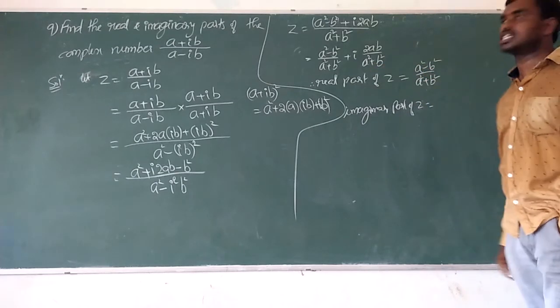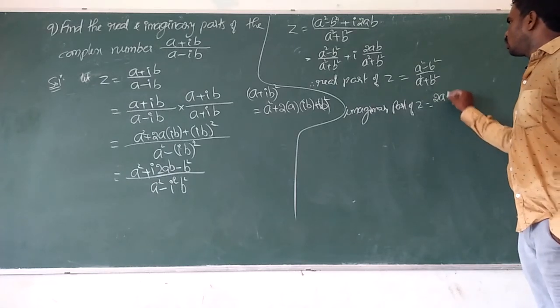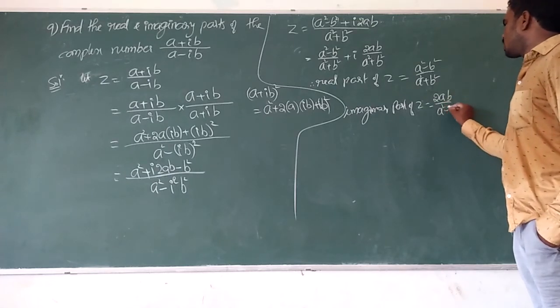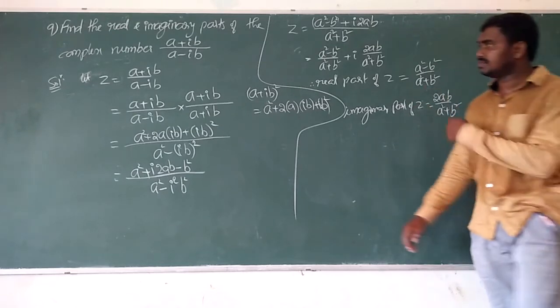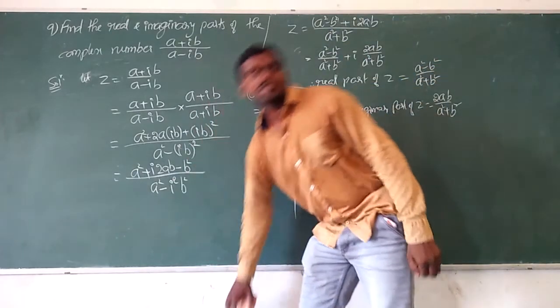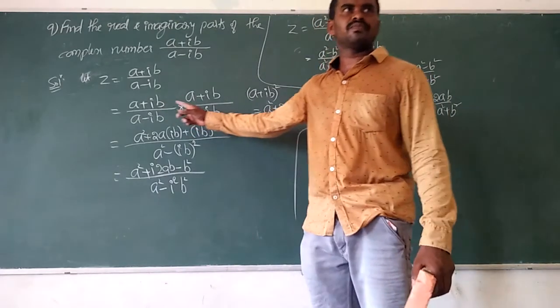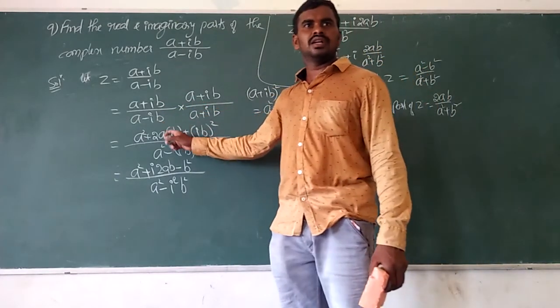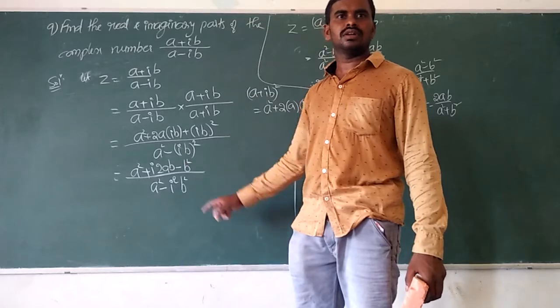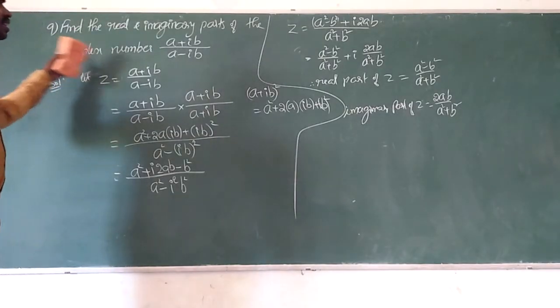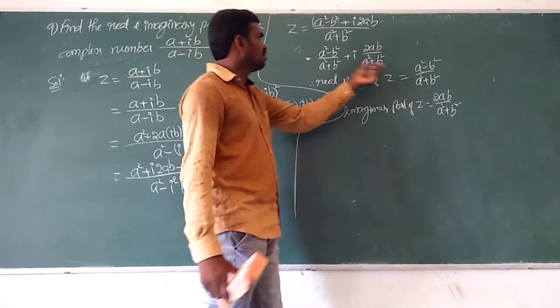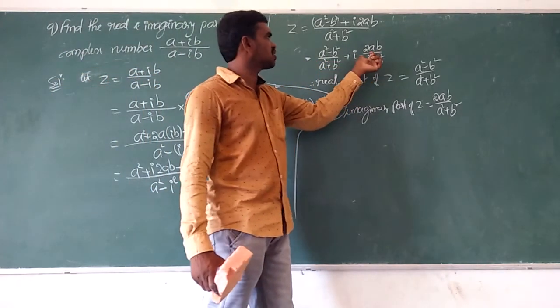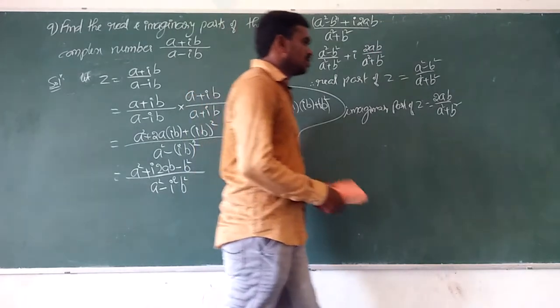What is the imaginary part? 2ab by a square plus b square. So this is the solution. Is it clear? Just z is given a plus ib by a minus ib. This is the real part means first part, imaginary part means second part, means coefficient of i.